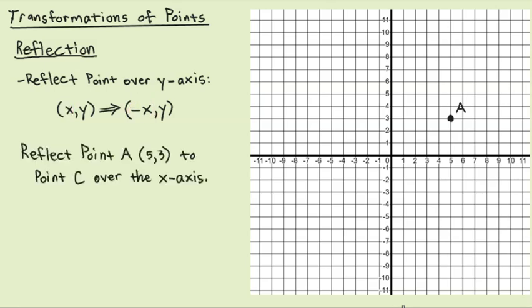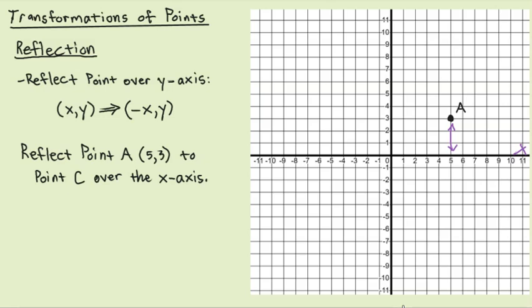All right, now we're going to reflect point A over the x-axis to point C. Okay. Now I want to remind you that this is the x-axis, the horizontal axis, okay? And so we're going to reflect point A over the x-axis to point C. And it's the same thing. What we're going to do is look at the vertical distance this time between A and the x-axis, which is 1, 2, 3.